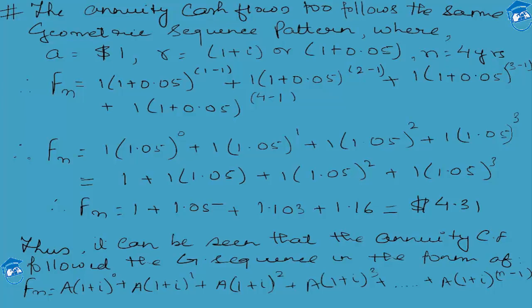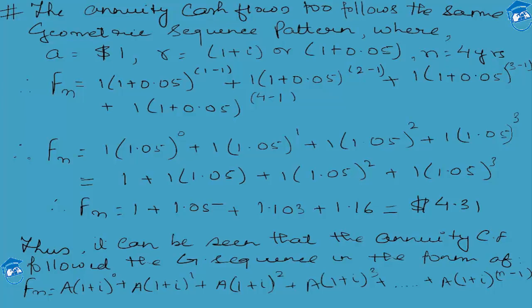Because 1.05 means that each year's annuity is supposed to grow at the rate of 5% compounded annually. I once again repeat, students, it actually means that each year's annuity payment of $1 is supposed to increase at the rate of 5% per annum compound interest, and n is 4 years, because the entire time length or the stipulated time frame for the annuity turns out to be 4 years.